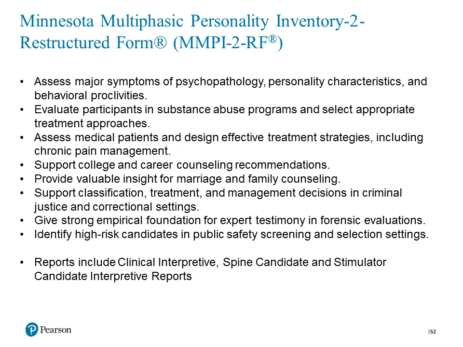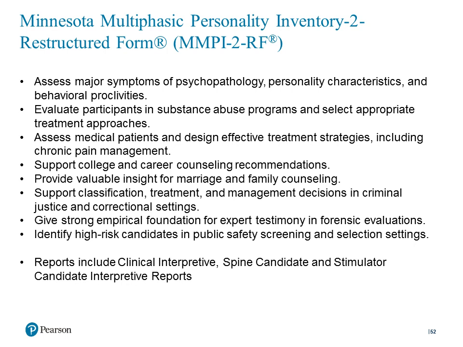So among the uses of the MMPI-2-RF, the ones that maybe are relevant to what we're talking about today are used in areas to assess major symptoms of psychopathology, personality characteristics, and behavioral proclivities. You can see on the slide many of the overall uses.